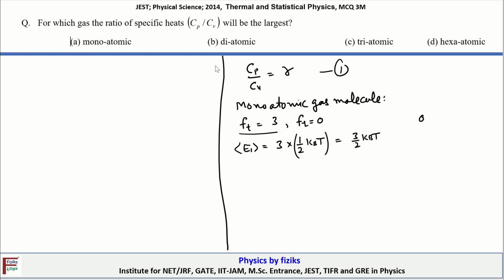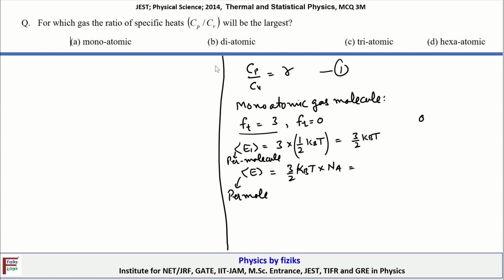Okay, now for 1 mole of such gas molecule, the average energy per mole will be 3/2 kBT multiplied by the Avogadro number.